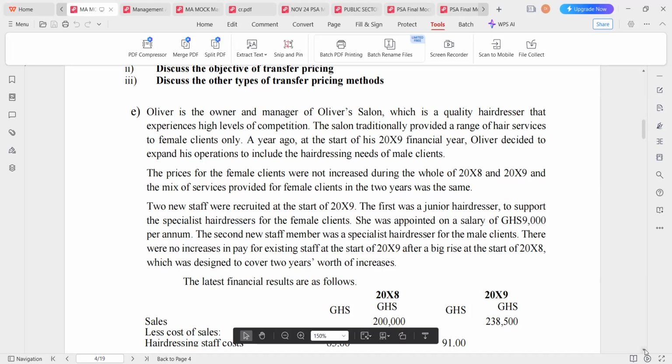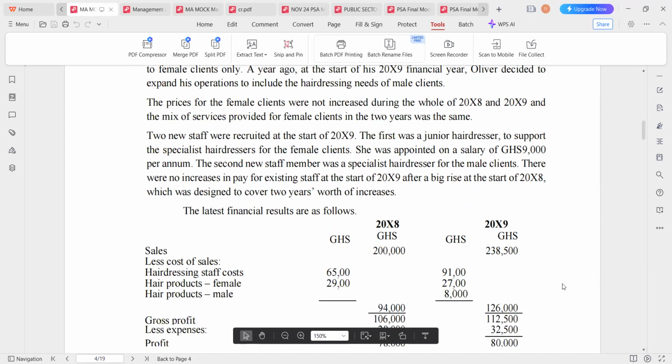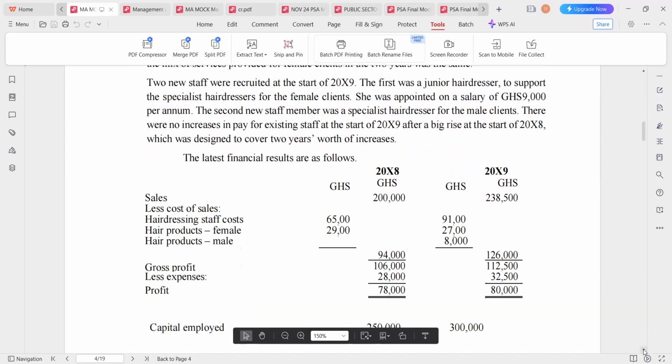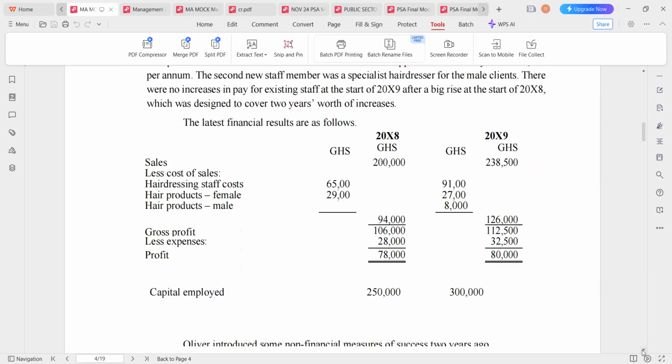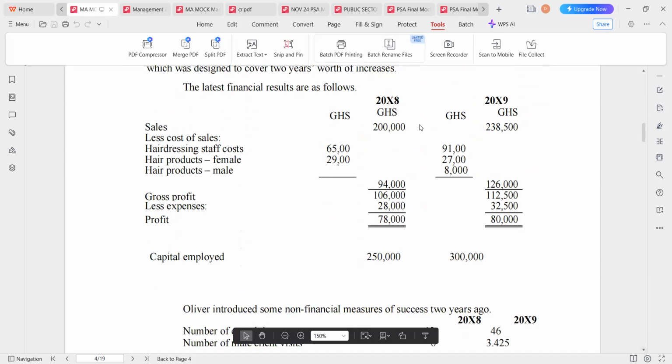But in 2018, only females were being served. Check here, only female. In 2018, this revenue is coming from only female.